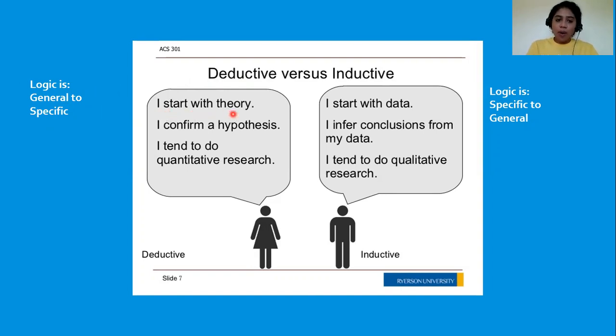We know by now that a theory is the result of a body of research that has arrived consistently at a hypothesis, where that hypothesis is consistently supported. And so, because that hypothesis has been supported over and over again by research, we say that we have a theory. That theory can be used to test another hypothesis.